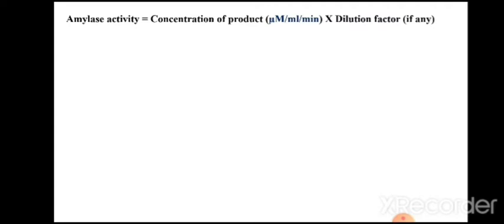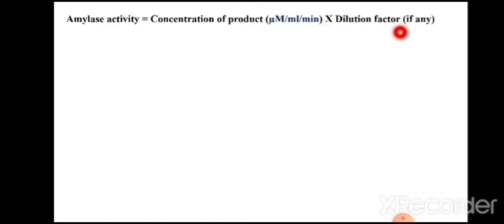Then the definition of amylase activity, as we know, is the concentration of the product, in micromoles, formed per ml per minute. So these two factors are there, that is time factor is there and the quantity factor is also there.